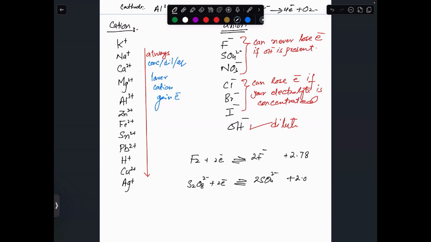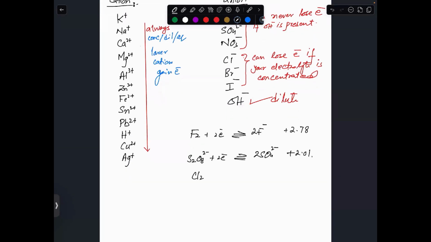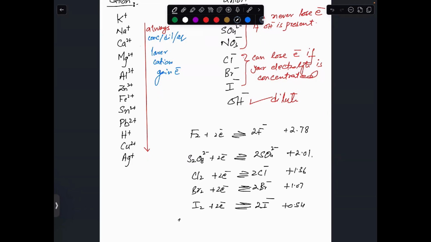It is something like 2.01. Chlorine gains 2 electrons, making 2 Cl negative, 1.36. Bromine gains 2 electrons, making 2 bromide, 1.07. Iodine gains 2 electrons, making 2 iodide, plus 0.54. And O2 plus 2 water and 4 electrons.